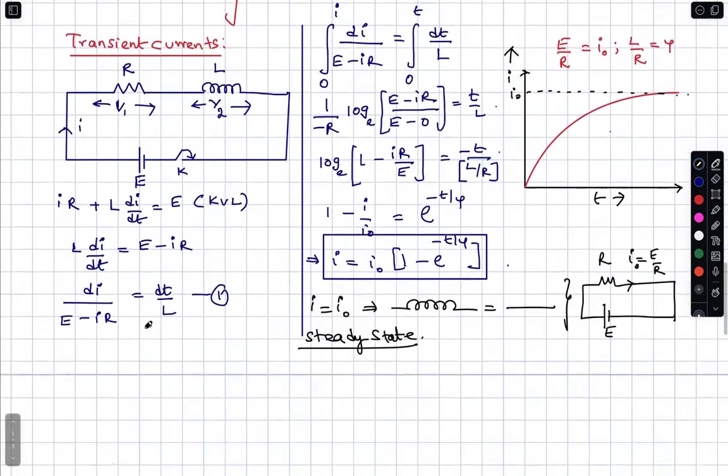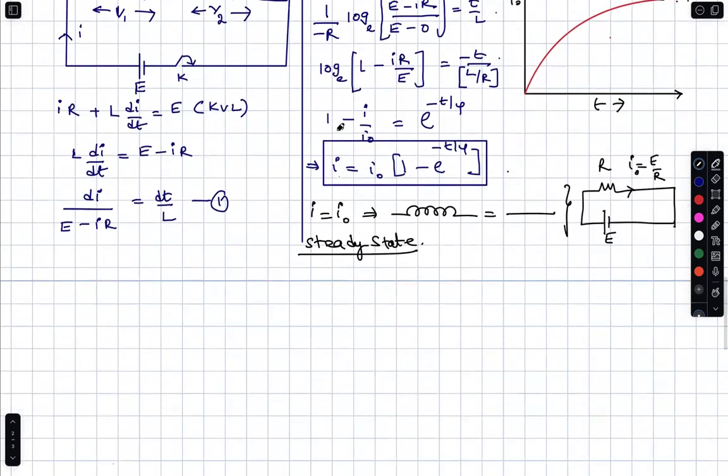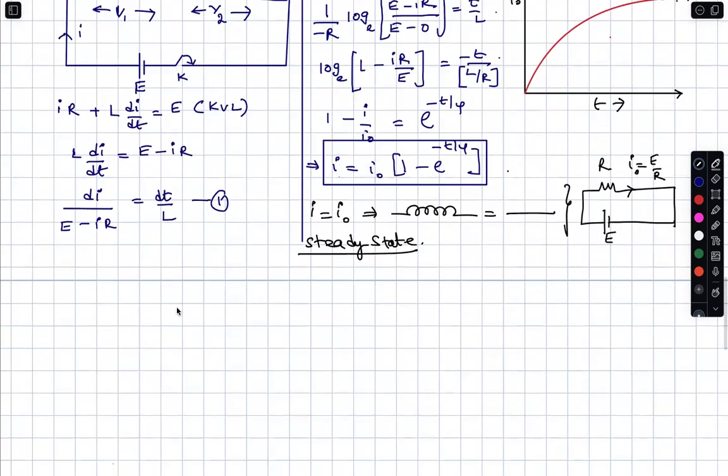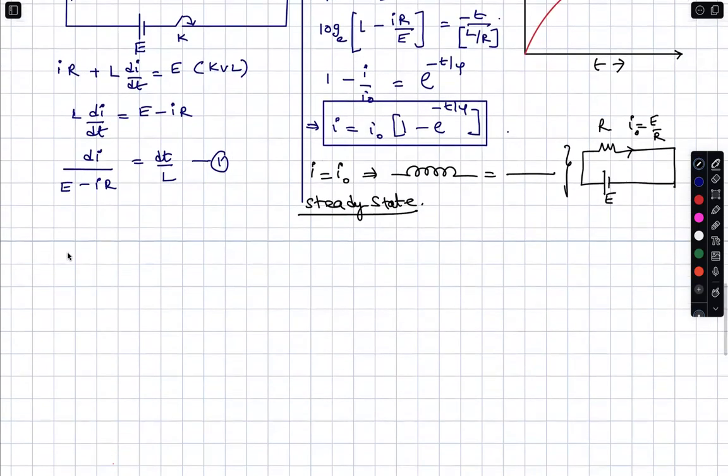Right. See, at steady state, it will behave as if like a conductor. And one more important point, I can see some more observations also. If you ask me what is VL, the potential drop across the inductor, I can see the potential drop across the inductor as simply L di by dt, which is nothing but, what is di by dt from this?